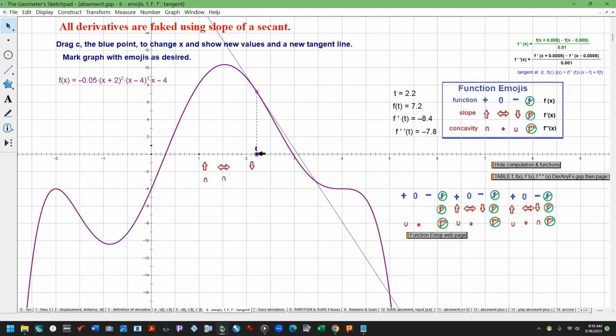Watch the second derivative. Okay, we switched from here to here. That's about as close as I can get. The second derivative is 0. That's an inflection point. The slope still happens to be negative. And we could go on from there.